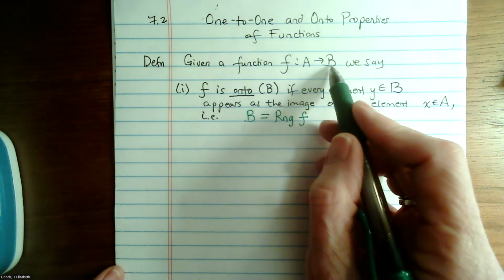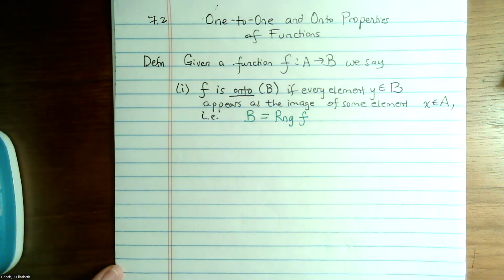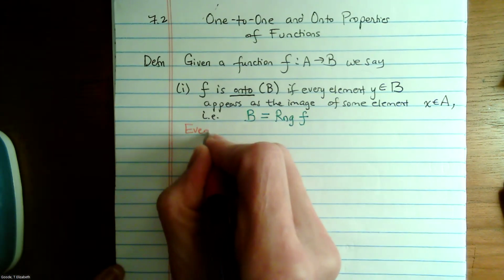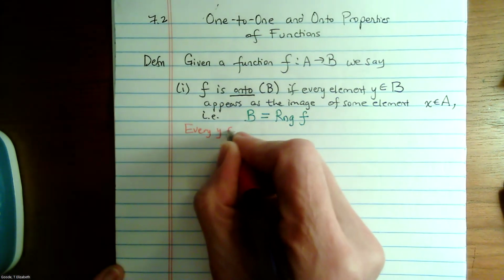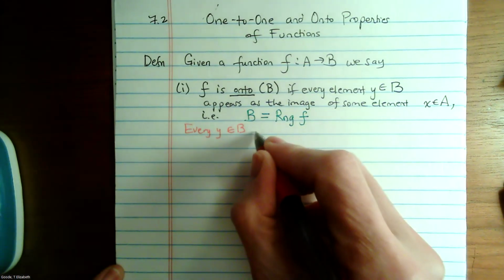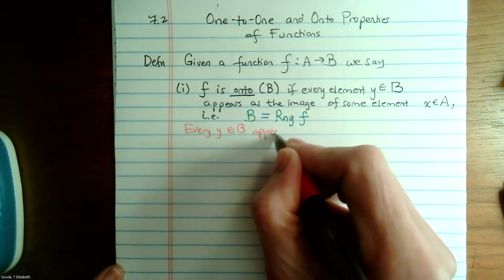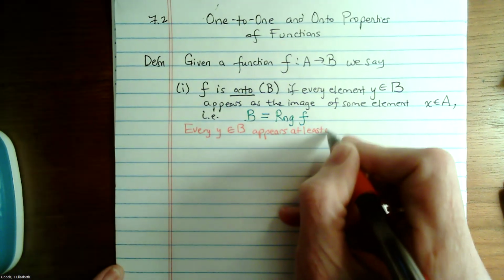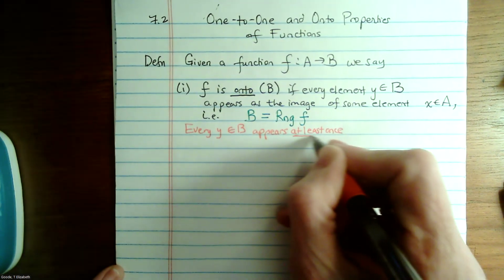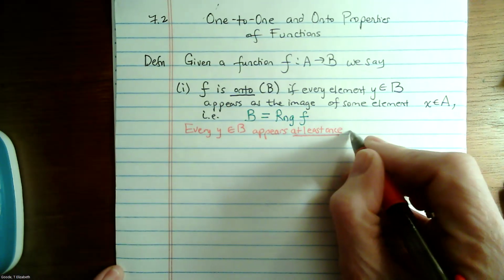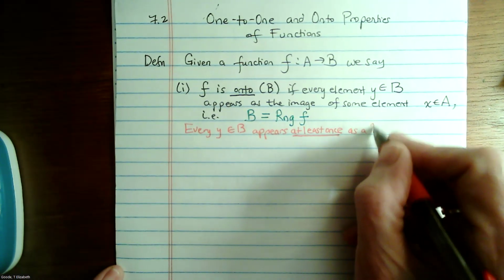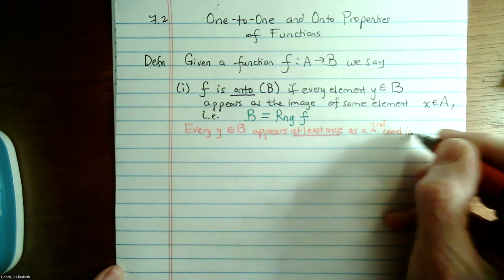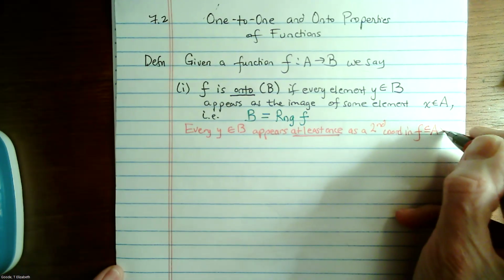Every element of B appears as a second coordinate. That's another way to think about it. Every y in B appears at least once as a second coordinate in f, which of course is a subset of A cross B.